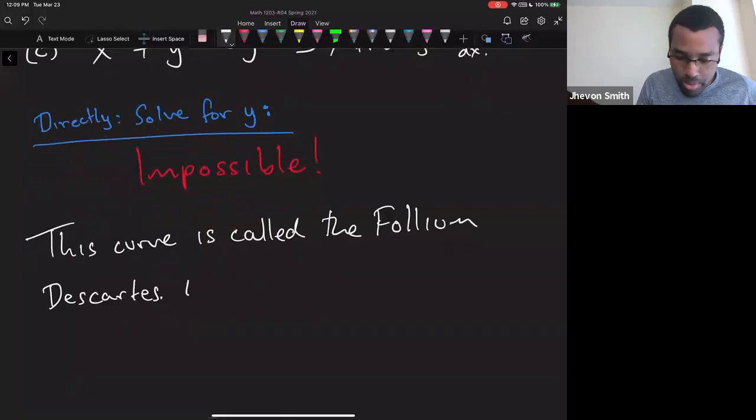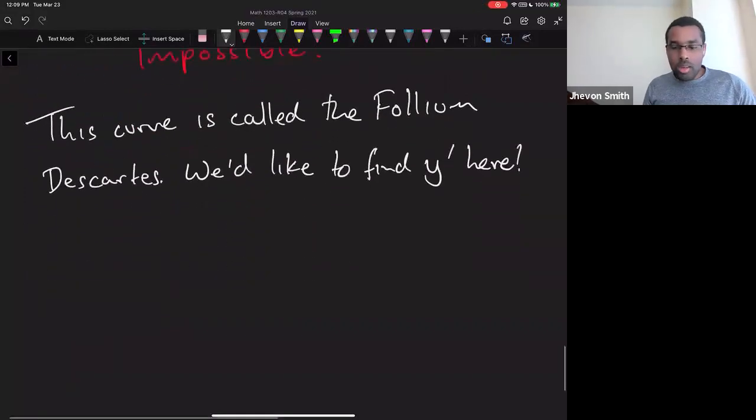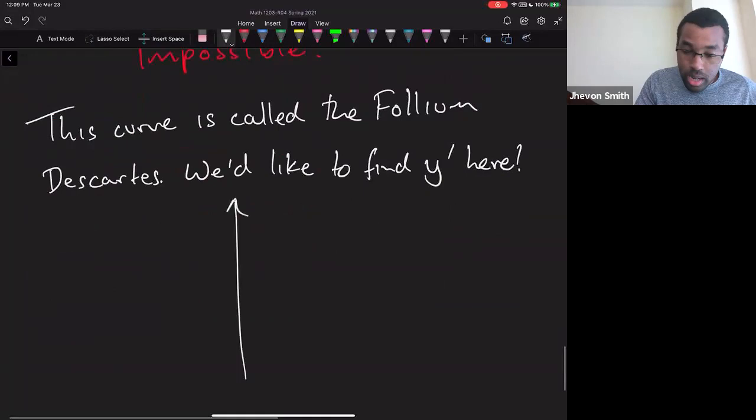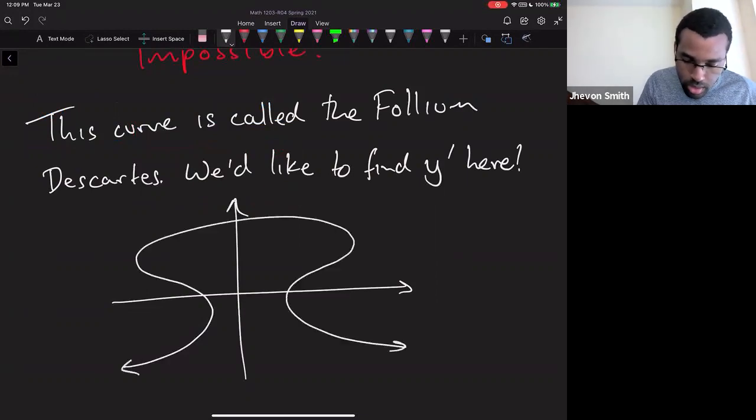And we'd like to be able to find y prime. The curve is not a function, in fact. It looks like this. So it doesn't pass the vertical line test.